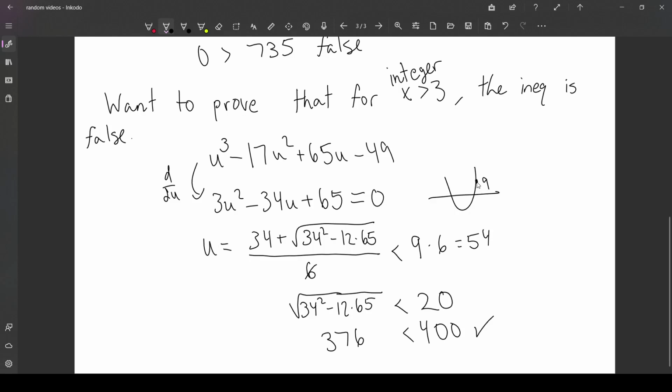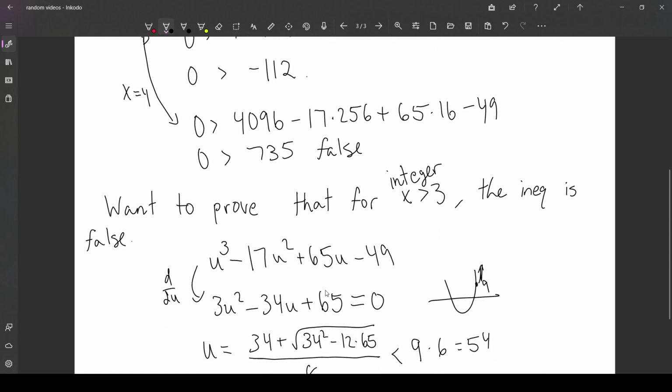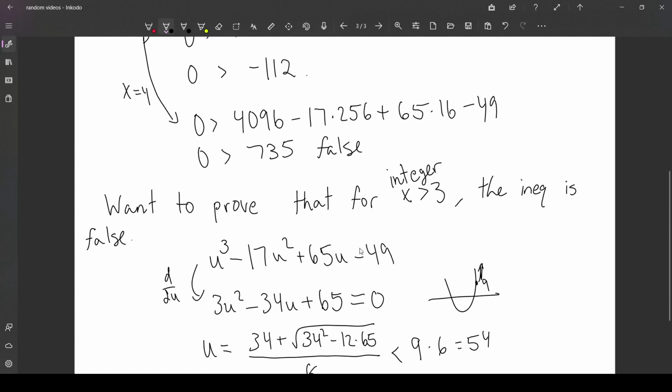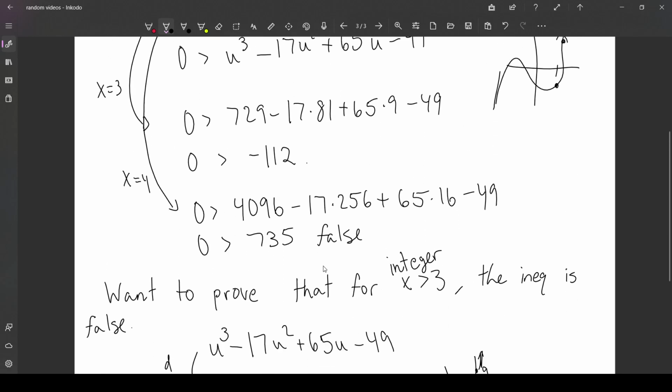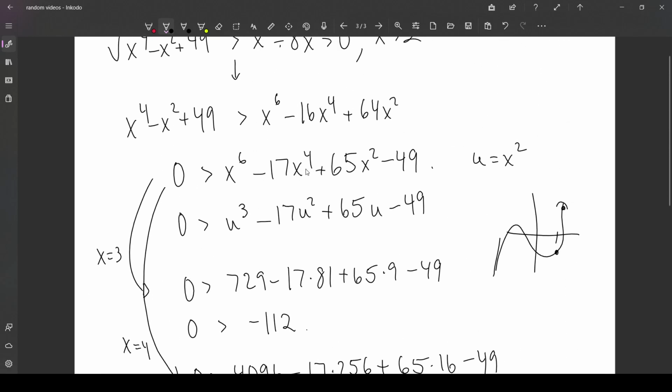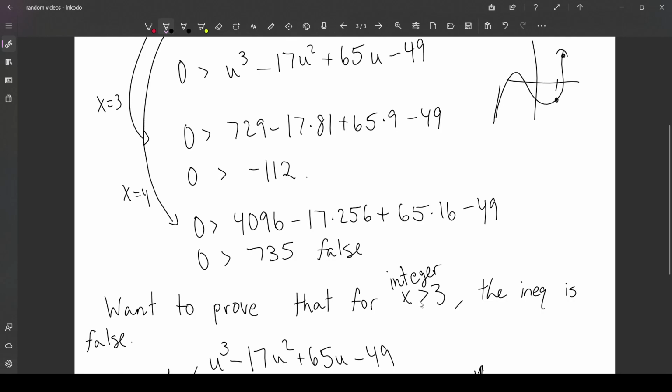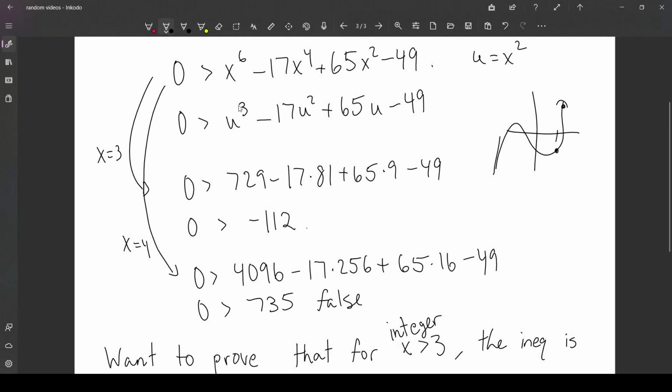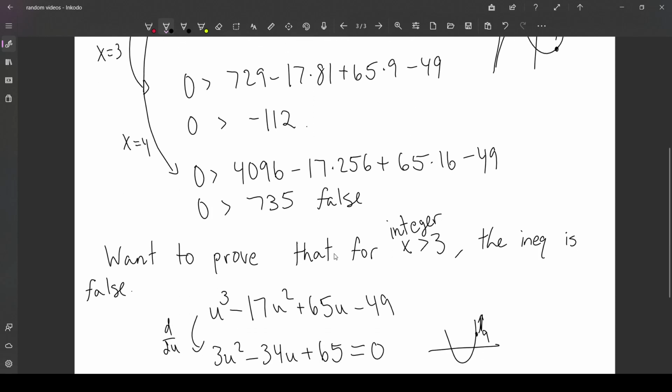So 9 is over here, which means that our cubic is going to be increasing for u greater than 9, which corresponds to the 6th-degree polynomial increasing for x greater than 3. And so since we know it's positive at x equals 4, then it will always be positive for all integers x greater than or equal to 4.